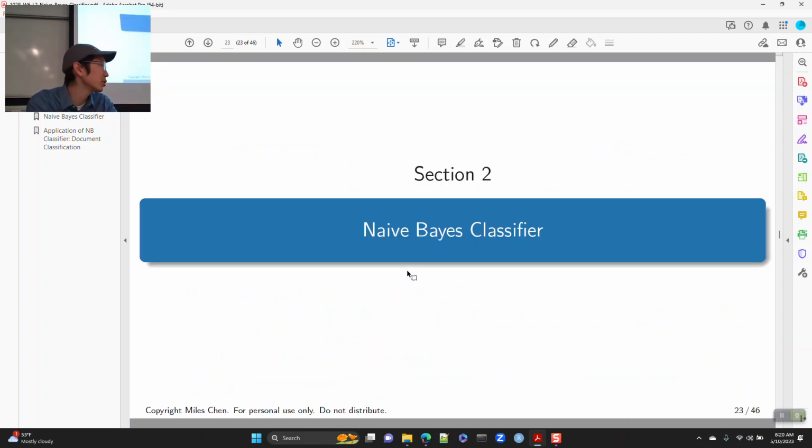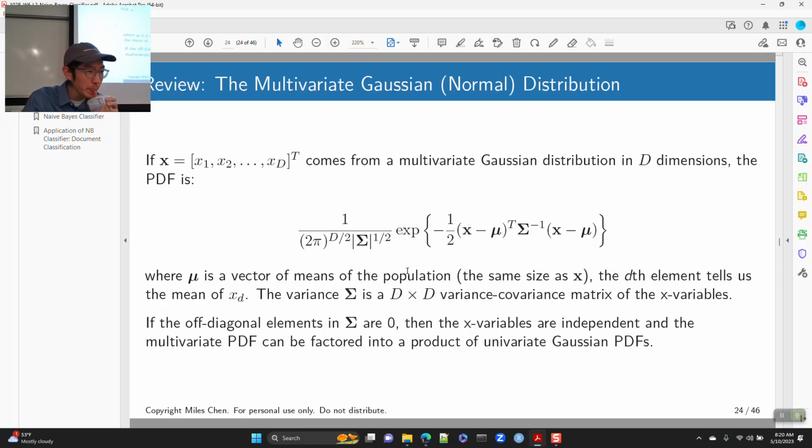Okay, so now we'll look at the naive Bayes classifier. Naive Bayes classifier is pretty much the same thing as the Bayes classifier, except we bring in what we call the naive assumption, which is a bad assumption, but it also makes our life easier.